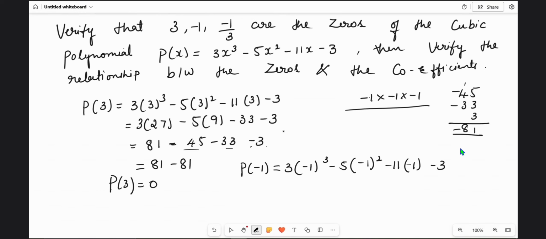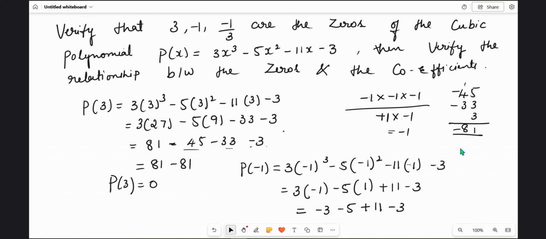Minus into minus is plus, plus into minus 1 you will get minus 1. So you will get 3 into minus 1 minus 5 into plus 1, minus into minus plus 11 minus 3. Now here you will get minus 3 minus 5 plus 11 minus 3. So what will be the answer here? 0 you will get.